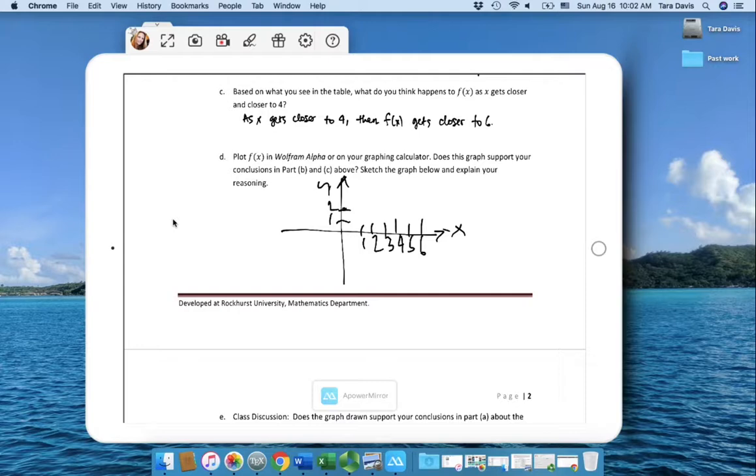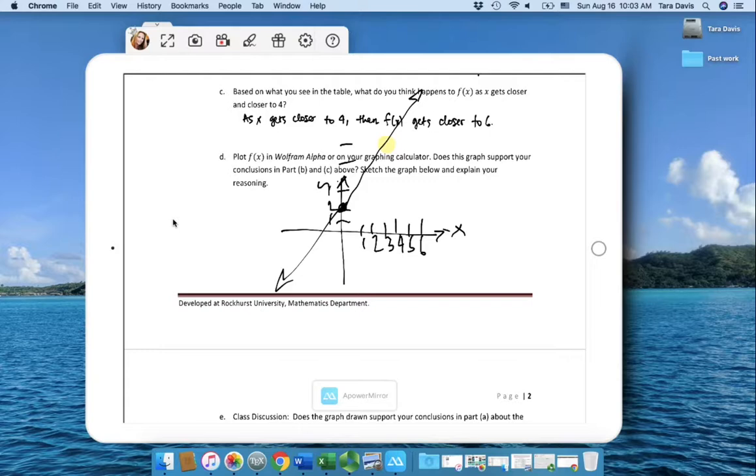Okay, so it was kind of like starting here. It looked like it was going up like this and down like that, okay? And based on this graph, it did seem that when x approached 4, y approached 6, okay?